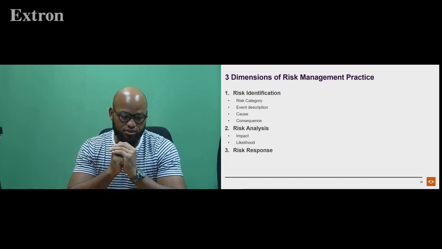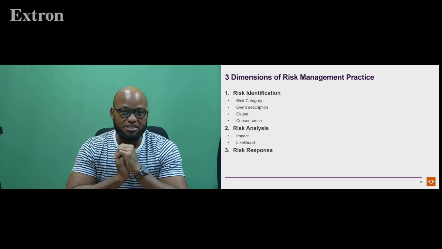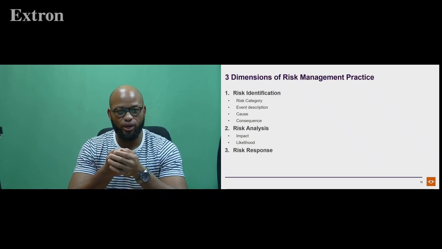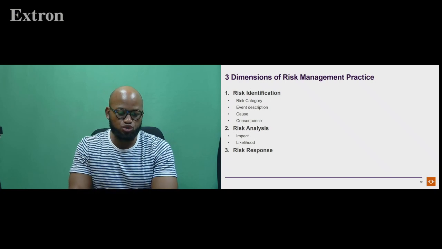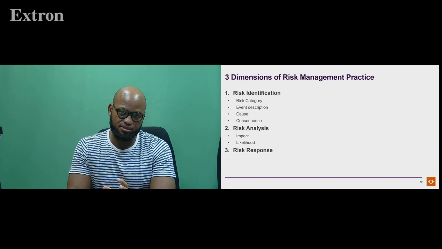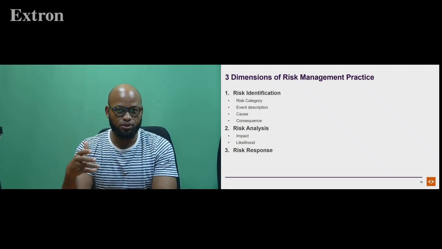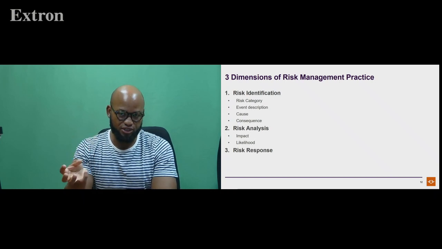Event description. Another thing that we do when we are identifying a risk is that we articulate it in terms of an event, the way I did with respect to ESCOM. And usually the event that you're going to describe is the threat. We know that in the ESCOM example, the risk is interrupted electricity supply.